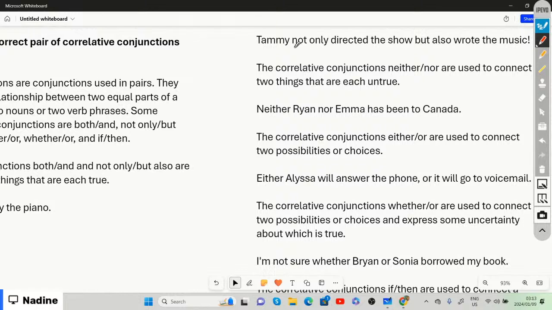Tammy not only directed the show, but also wrote the music, which means that she did both. And it is true. So that is how we use the correlative conjunction not only but also.